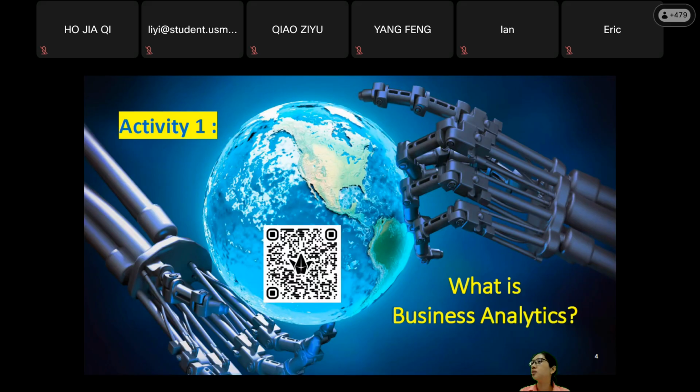Okay, I think some of you have already answered that. We have how many students here? We have 485 students, but only about 10 students have answered. So let's try to answer it. Scan the QR code, go to the Padlet and answer it.